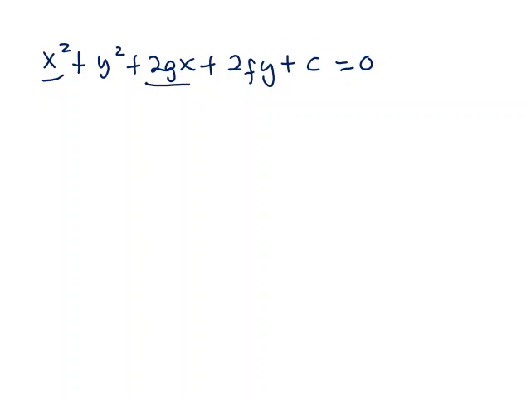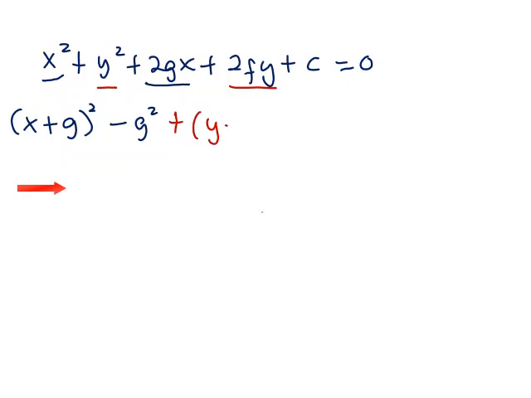When we complete the square, we have (x + g)^2 minus g^2, and for the y, we have y^2 + 2fy, so (y + f)^2 minus f^2, plus c equals 0.